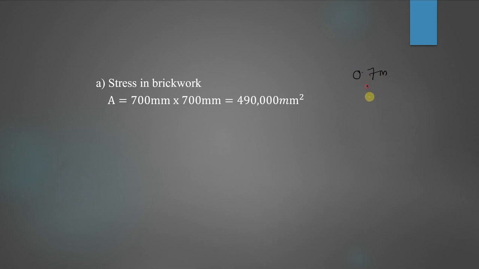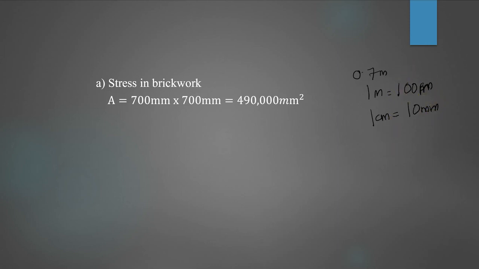So you know that 1 meter is equal to 100 centimeter. And 1 centimeter is equal to 10 millimeter. So now you want to convert to millimeter.